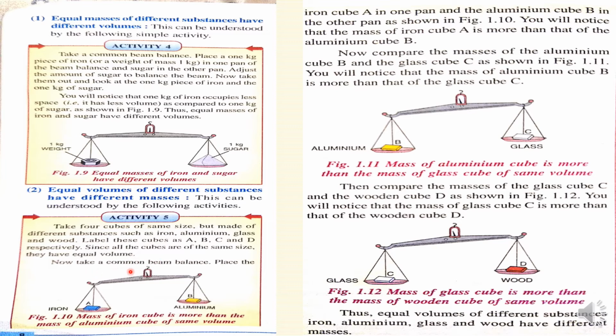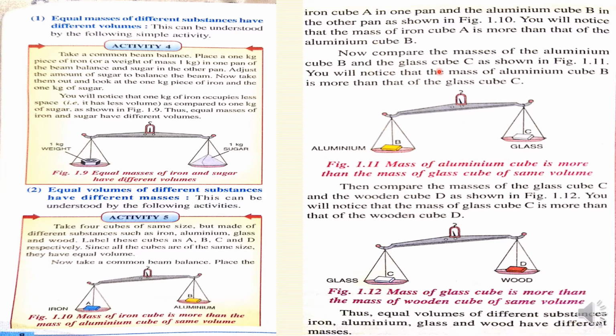Now take the common beam balance and place them. Iron cube A is in one pan and aluminium cube B is in another pan. You will notice that the mass of the iron cube is more than the aluminium. You know children, iron is heavier than aluminium. So although they are taking the same space, their volume is the same but their mass is different.